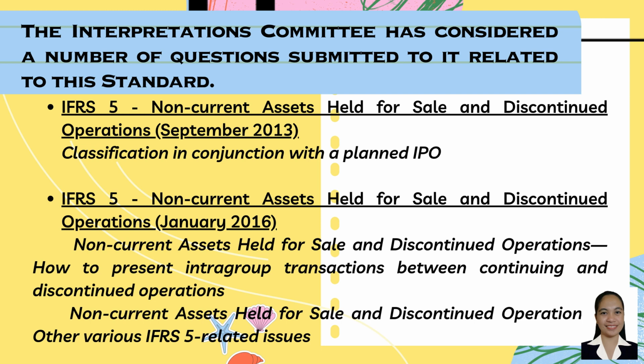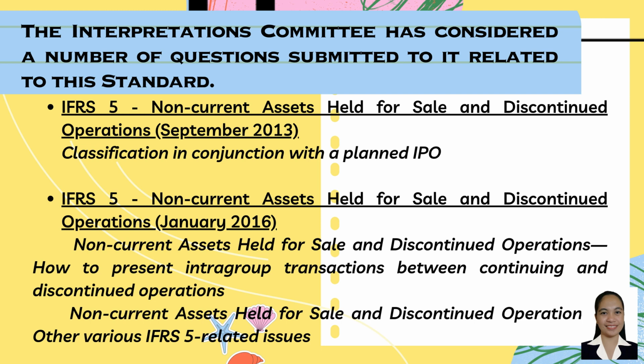So after the classification in conjunction with a planned IPO, next was in January 2016, non-current assets held for sale and discontinued operations: how to present intra-group transactions between continuing and discontinued operations. Here, the Interpretations Committee received a request to clarify how to present intra-group transactions between continuing and discontinued operations.